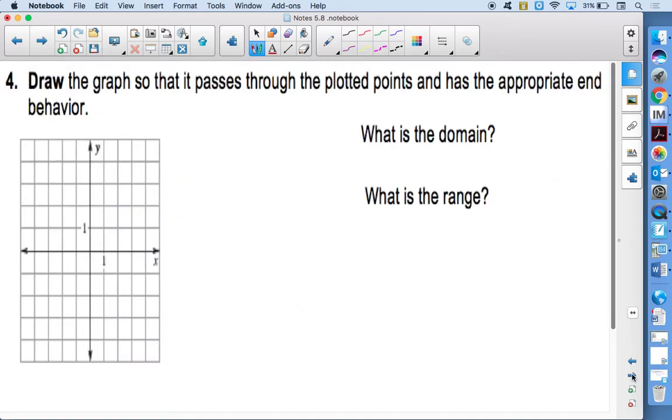So then the last thing we're going to do after we have that information is try and graph it. So starting with your intercepts, we're going to plot those points. So we had one at -1 and the other one at +4. Take your table of values, plot those as well, and then we'll see if we can apply the end behavior.